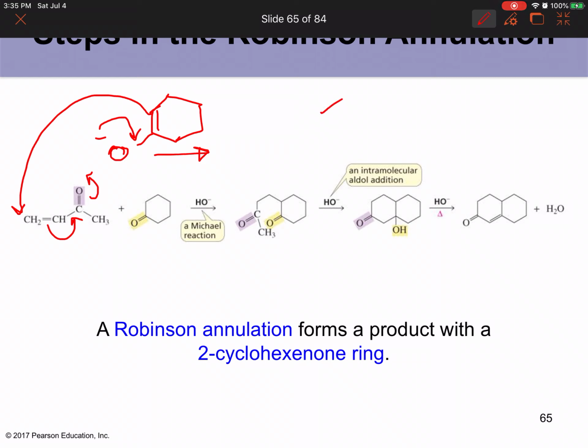So you have your ring, and then you have the double bond oxygen carbonyl group, and we can number these atoms. If this is 1, 2, 3, 4, and from the other carbon we can number, if you start with the carbonyl group, 1, 2, 3, 4, 5, 6.